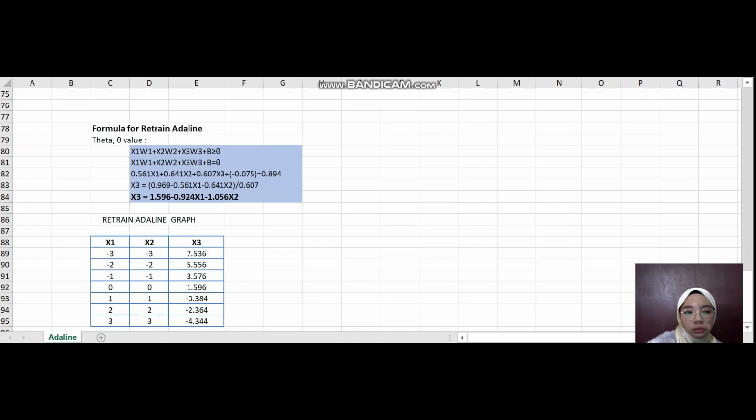For example, 1.596 minus 0.924 x1, we just fill in negative 3, minus 1.056 x2, we just fill in negative 3, so we get this answer. Repeat the formula until we get the last value.